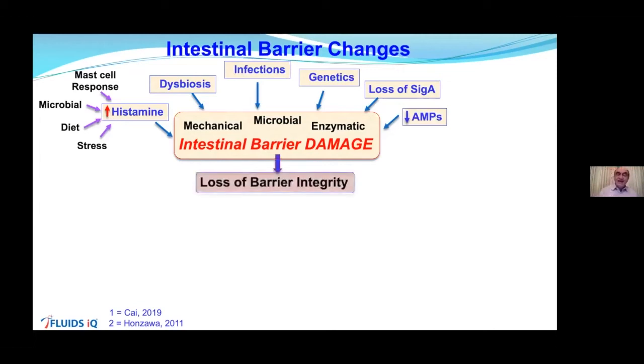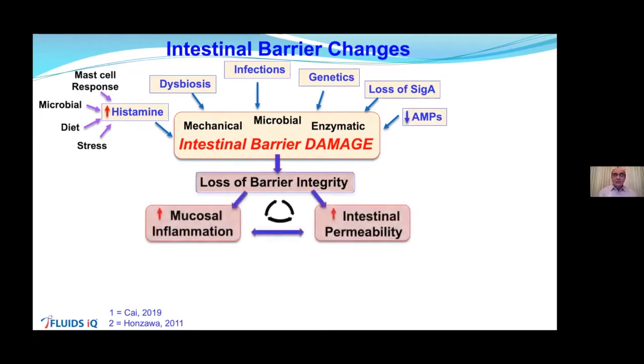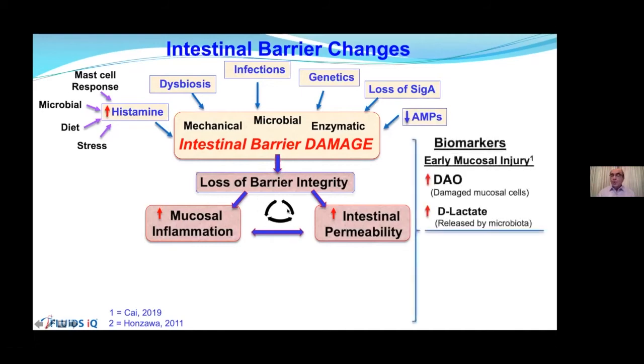And if that happens, and if you do get enough damage, you get a loss of barrier integrity. And with that loss of barrier integrity, you will start getting a lot more mucosal inflammation, as well as an increase in intestinal permeability. As soon as you've got that, you have a vicious cycle that continues. That is the initial problem.